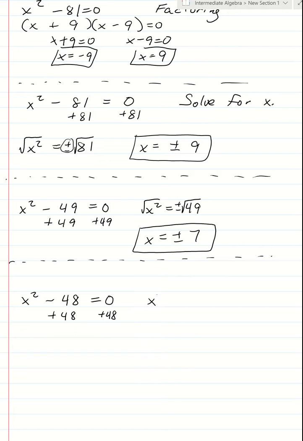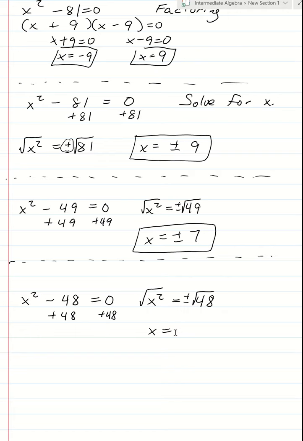That would now give us x squared equals 48. And now since we don't want x squared, we want just x, I'm going to have to take the square root of the left side, and I will have to take the square root of the right side. And since I took the square root of a numerical side, I must put plus minus in front.